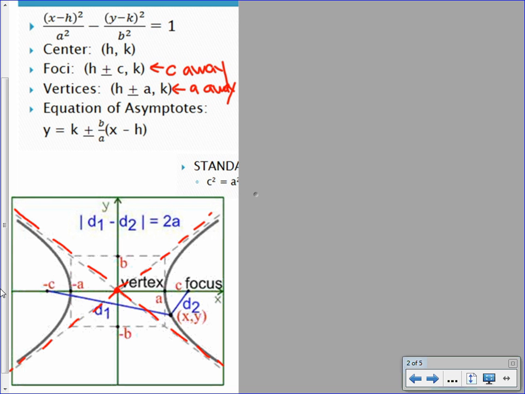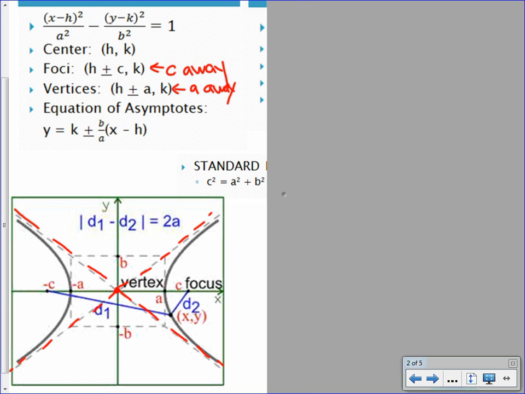So what we will do is plot the center, plot our vertex points, and plot our foci. Let's go ahead and write this down. We find c by taking c squared as a squared plus b squared.